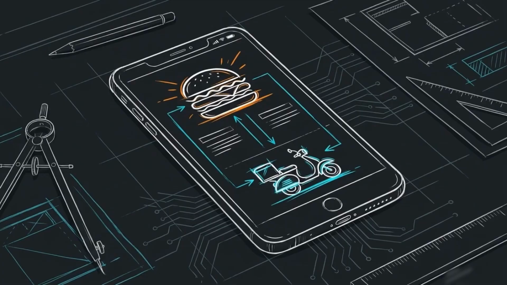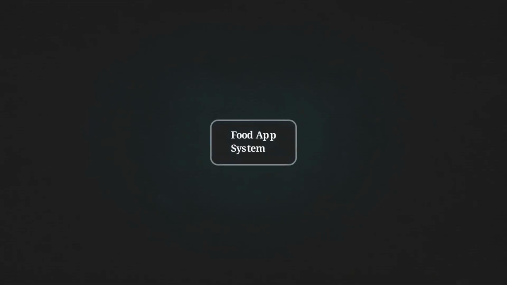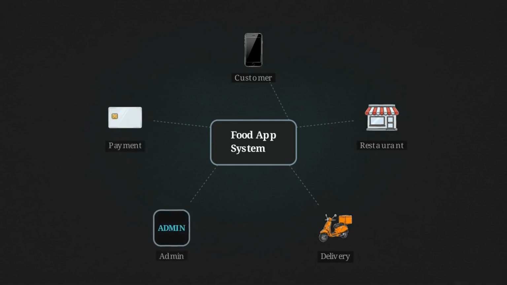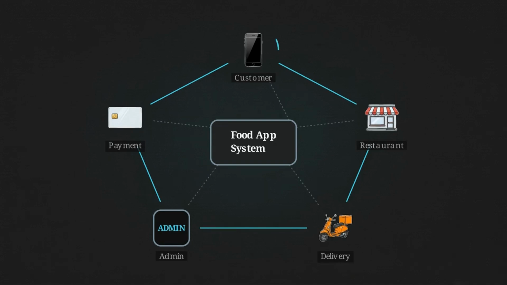To map this out practically, we can draft the architecture for a hypothetical food delivery application. The first step in HLD is identifying the macro modules. For our food app, we define 5 primary blocks: the customer, the restaurant, delivery, payment, and admin. The second step is defining how these macro modules communicate.